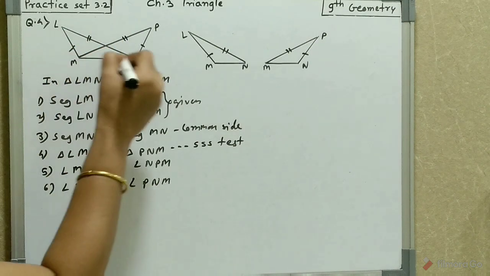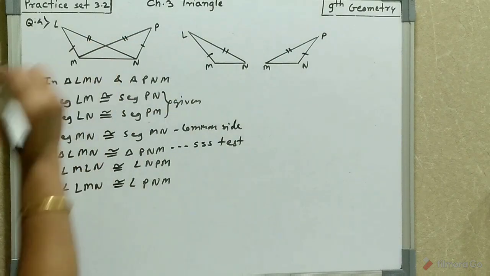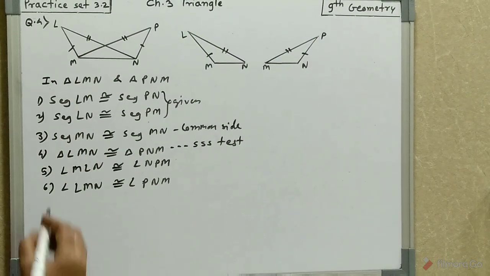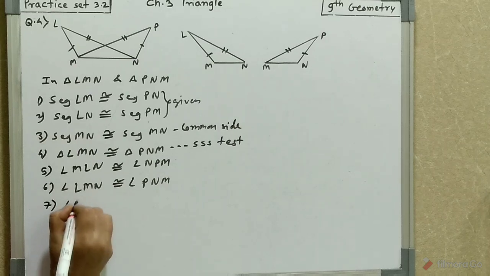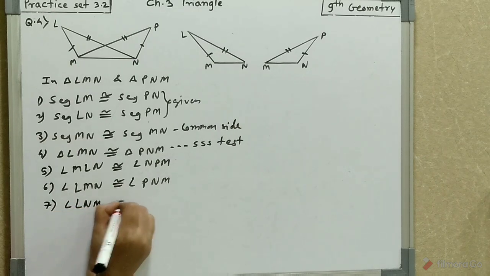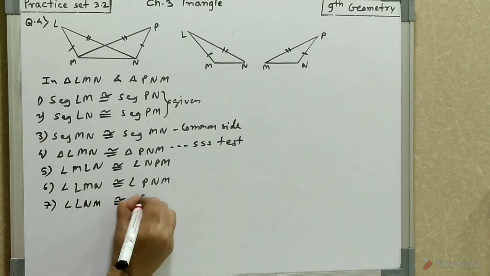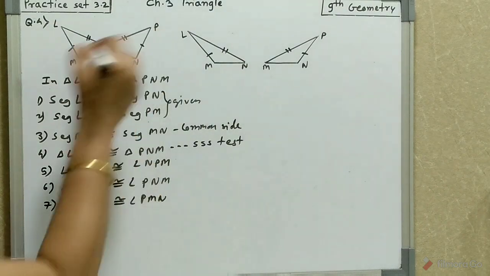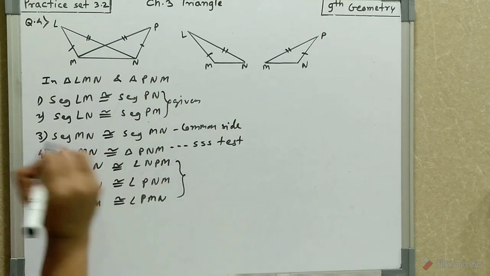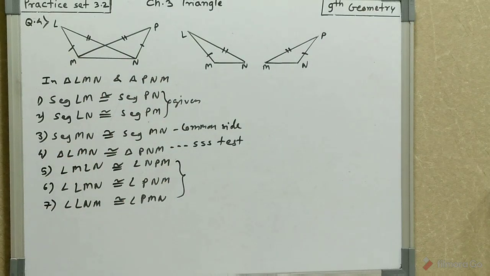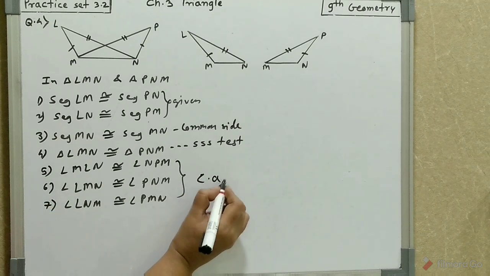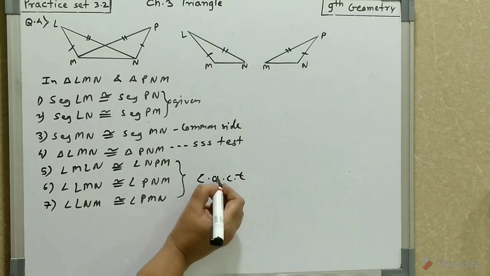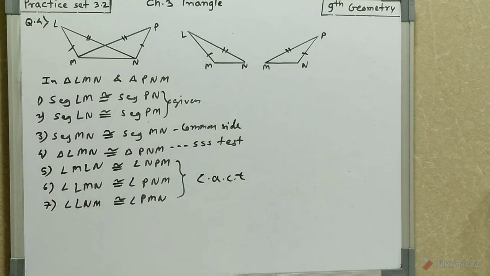Now the next angle, angle LNM congruent to angle PMN. So these three angles are the corresponding angles of congruent triangles. In short we write CACT, corresponding angles of congruent triangles.